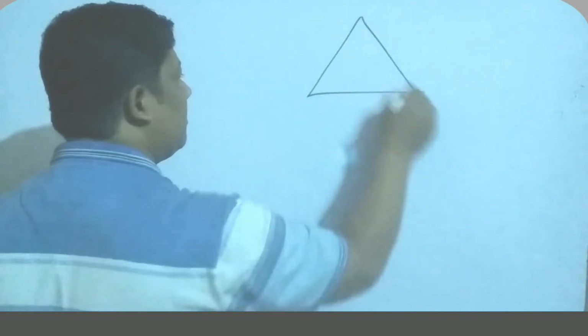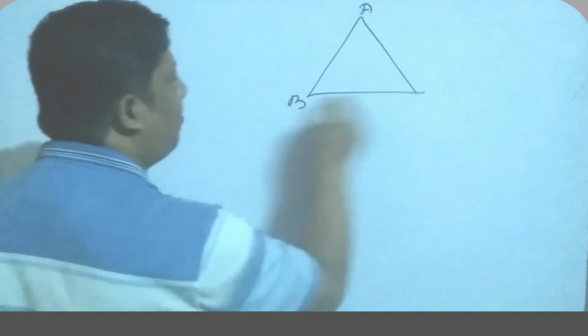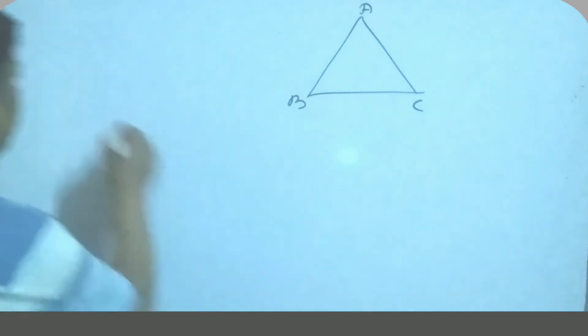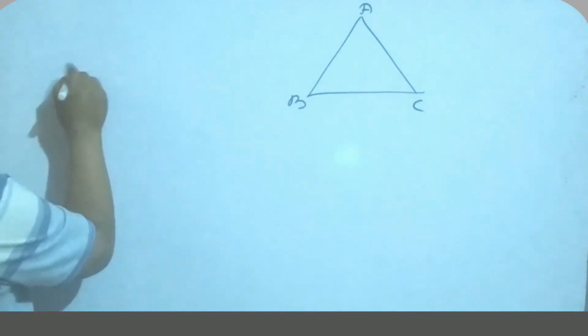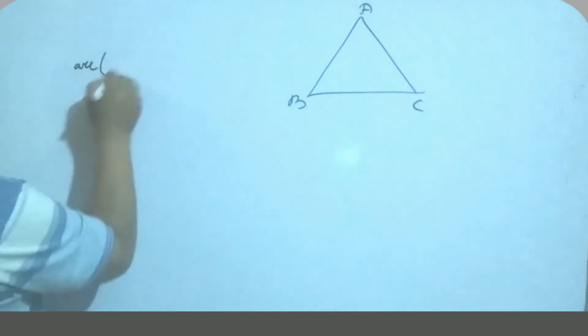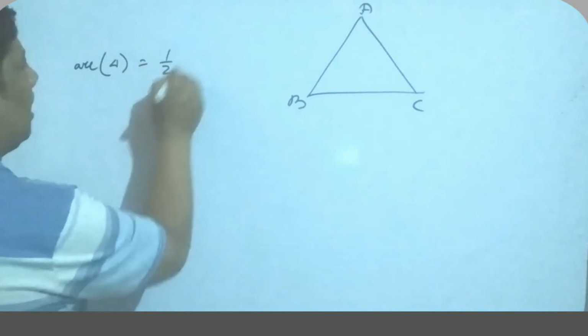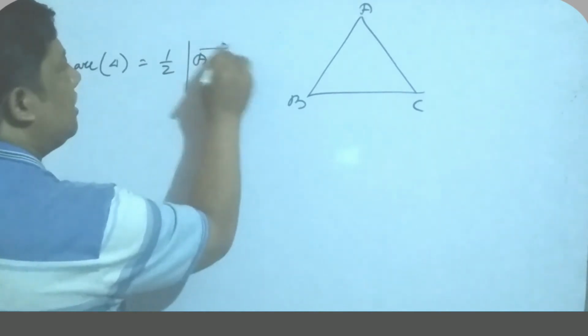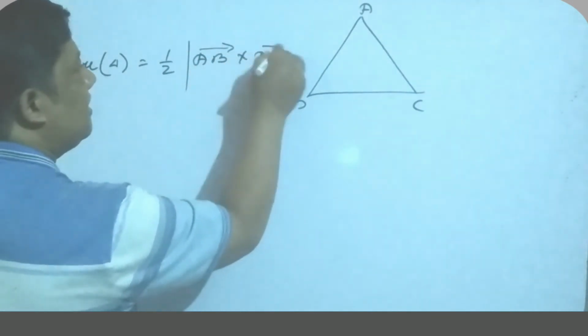Next question: suppose the three vertices of a triangle are given, then you have to find the area. You write it like this: area of the triangle equals half into the magnitude of AB cross AC.